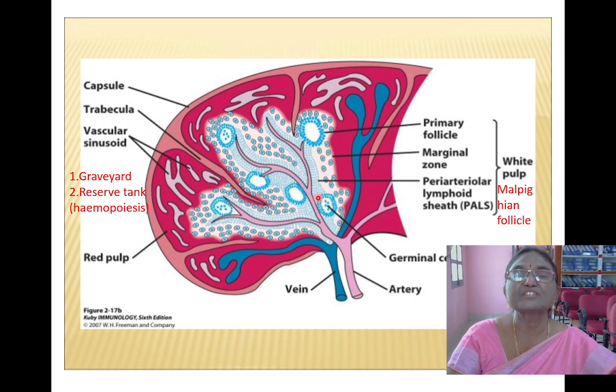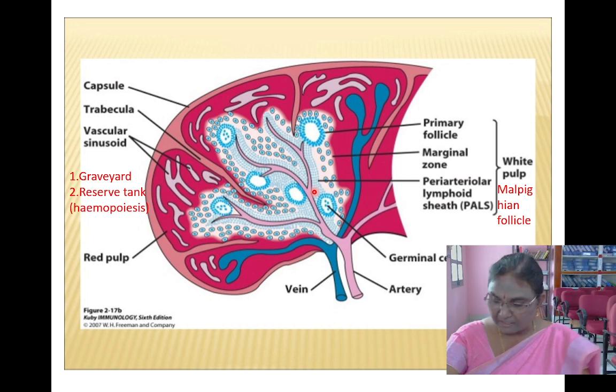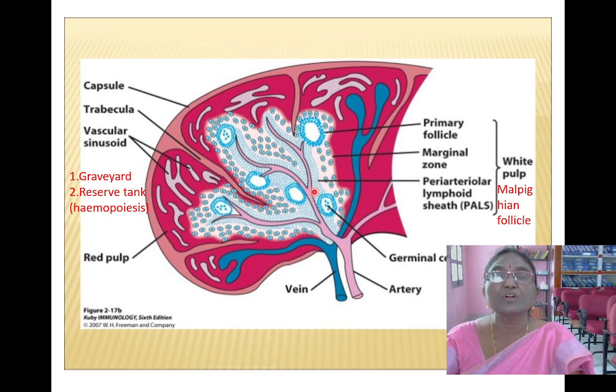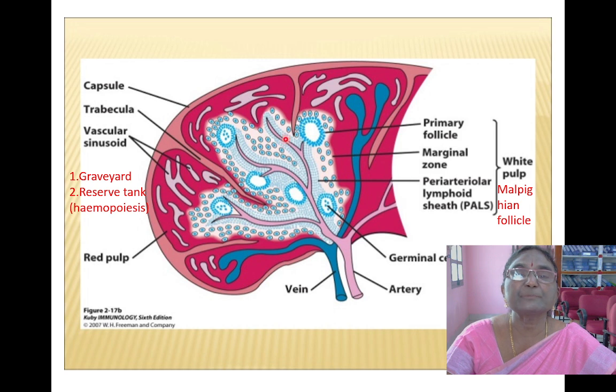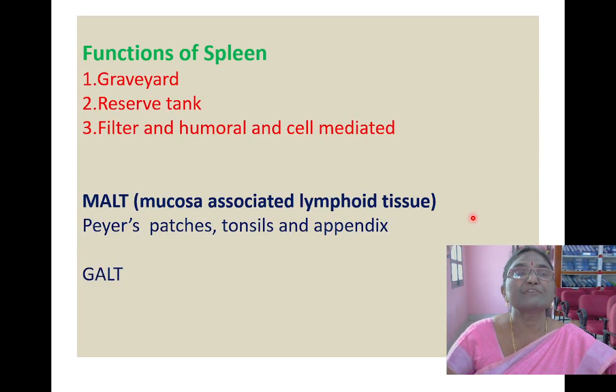In between these follicles, many T lymphocytes are dispersed. Let us know, this white pulp is arranged around the central arteriole, which is known as the periarteriolar lymphoid sheath. Let us know about the functions.